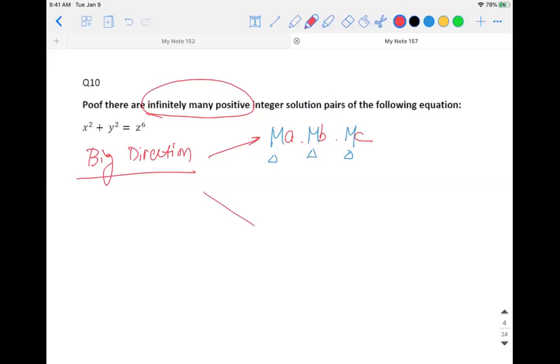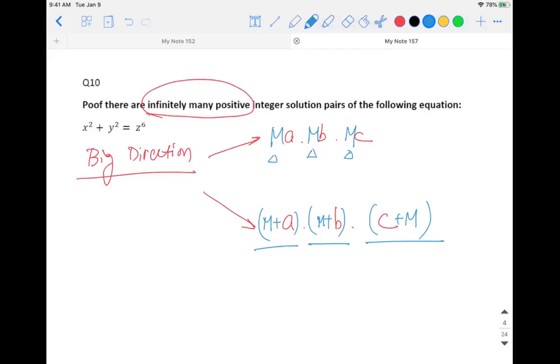The second big direction is exactly the same idea. As long as you find that A, B, C is a solution, instead of putting a big coefficient m, you add an m to this, add an m to this, add an m to this. As long as you can prove that m plus A, m plus B, m plus C is also a solution, plus you can do some magic for m to make sure that m can take infinitely many values, then you're creating infinitely many solution pairs.